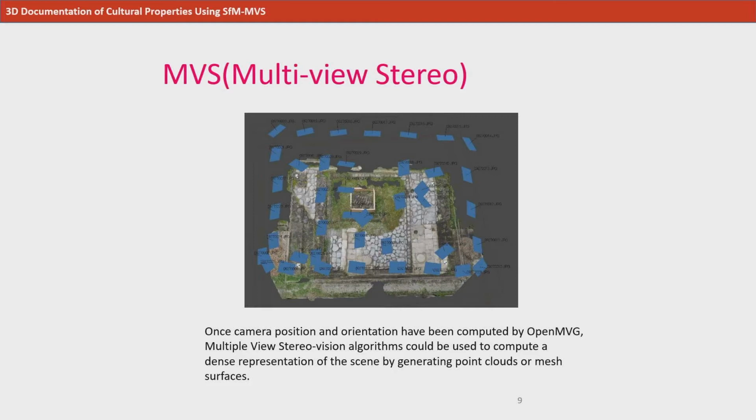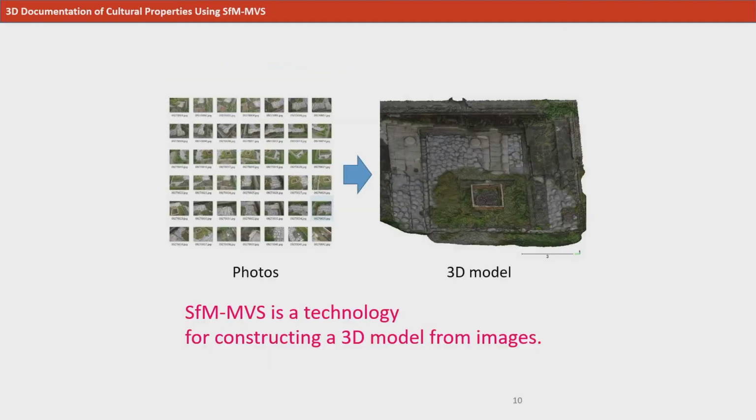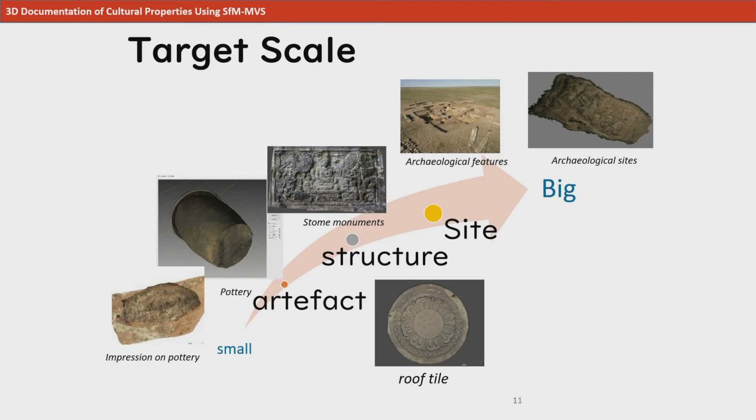Then, a texture is pasted onto the mesh. SFM MVS is a technology to construct a 3D model from multiple images. As initially shown, this technology can be applied to most of the cultural properties targeted.